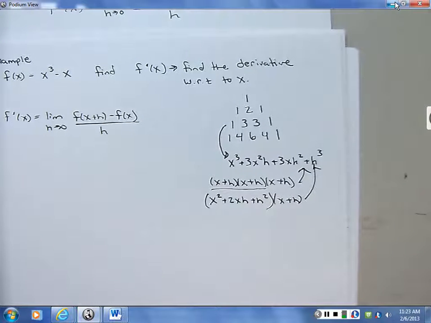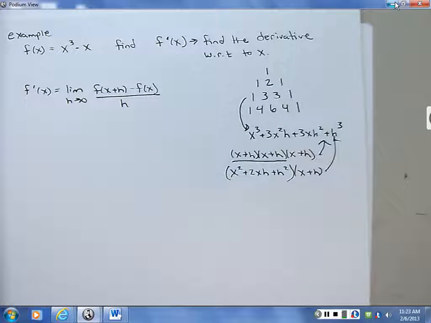So if you really get stuck and you forget Pascal's triangle and you forget how to do it, you can do it in a relatively short amount of time. It's not too long. So that's just the cubed part.